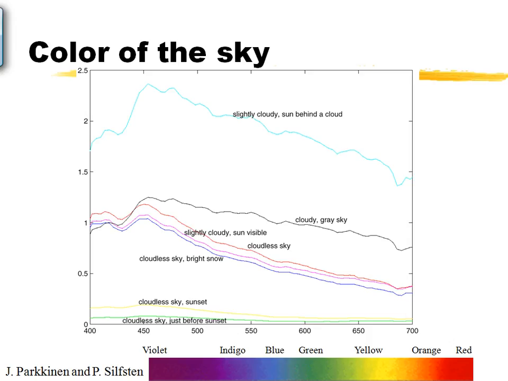And if we measure this under different conditions, what we find is that the color will be represented by all the different curves. So on a cloudless sky, just before sunset, this is the kind of color that you would perceive. This is the curve that you would perceive on a cloudless sky at sunset. The bright snow and visible gray skies, or sun behind the cloud, and so on.